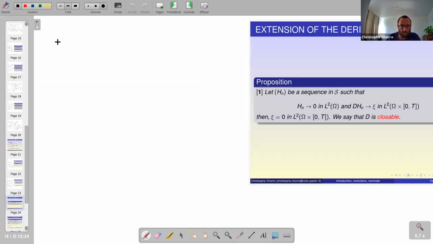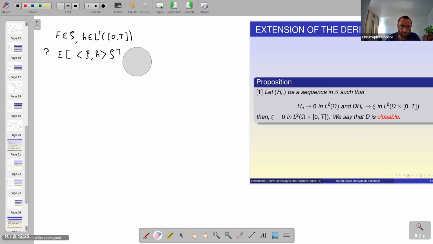So I consider F belonging to S, H belonging to L2 of 0 capital T. And I remind you that my job is to prove that this expectation is equal to 0.